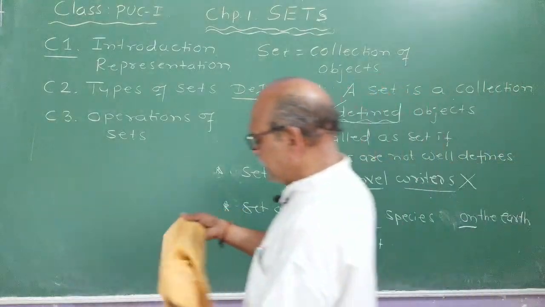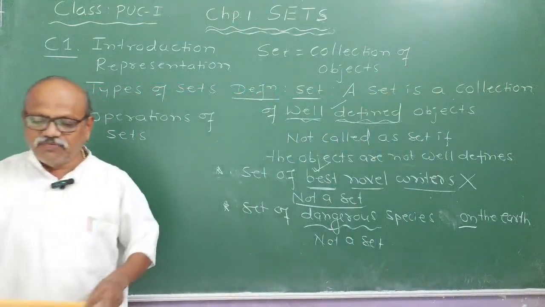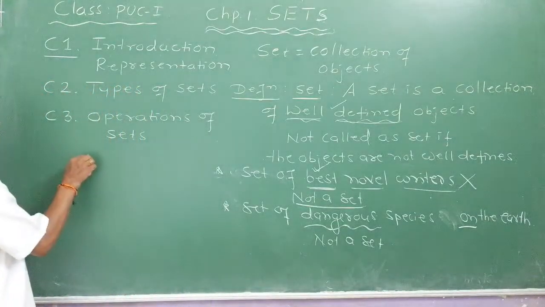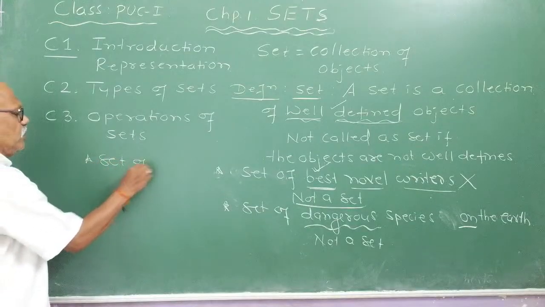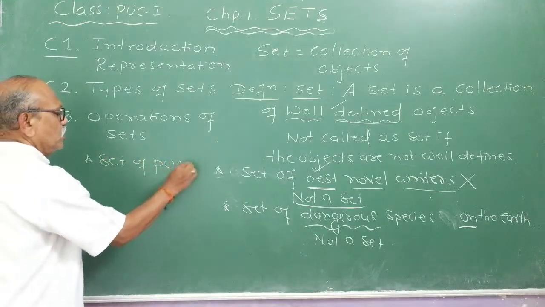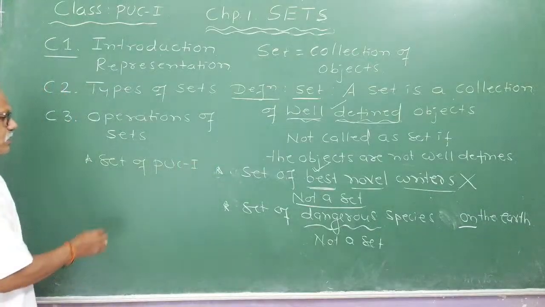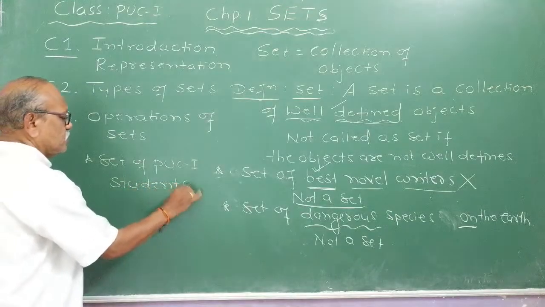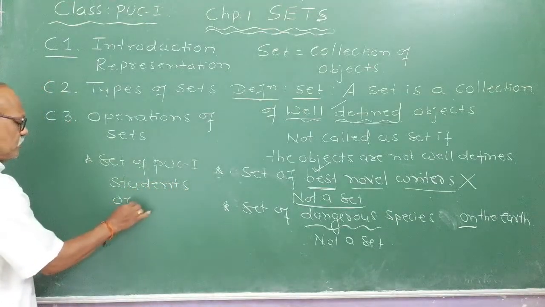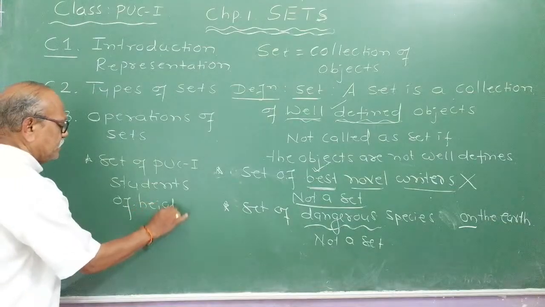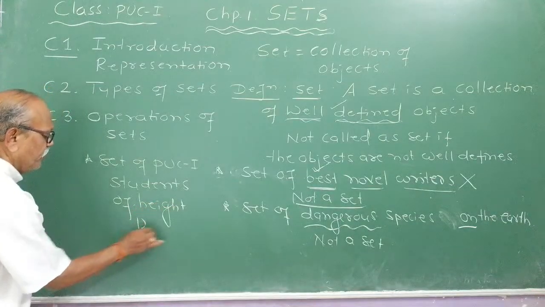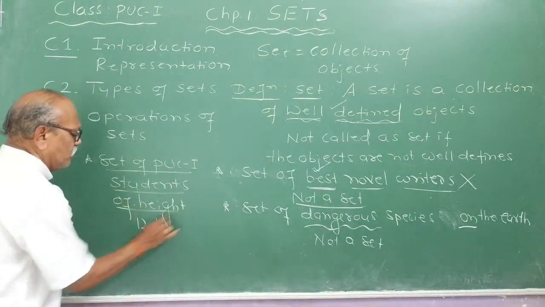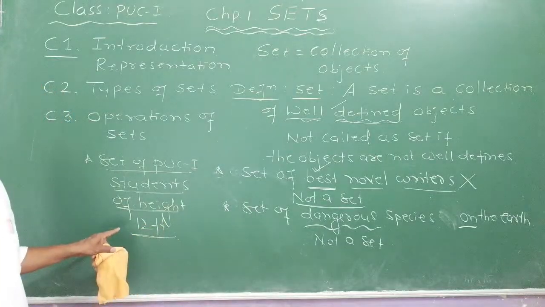A set is defined as a collection of well-defined objects. For example, if I say a set of PUC 1 students of height 12 feet, is it a possible set?